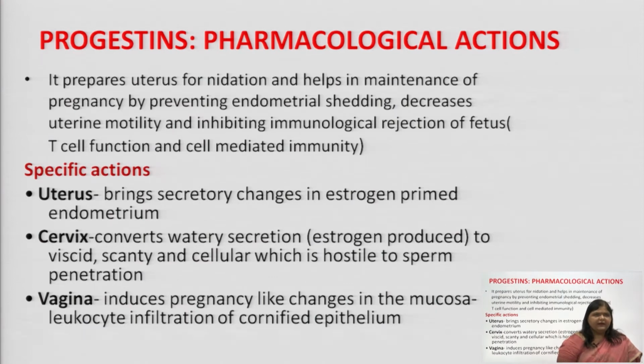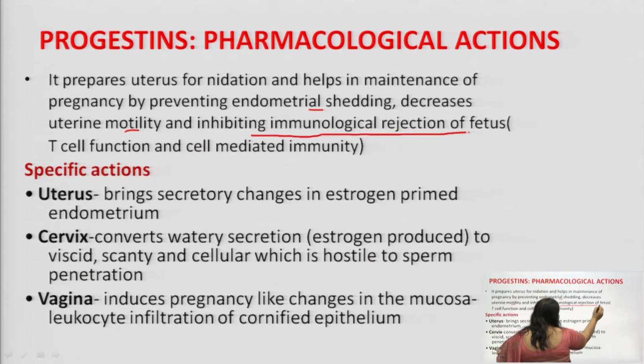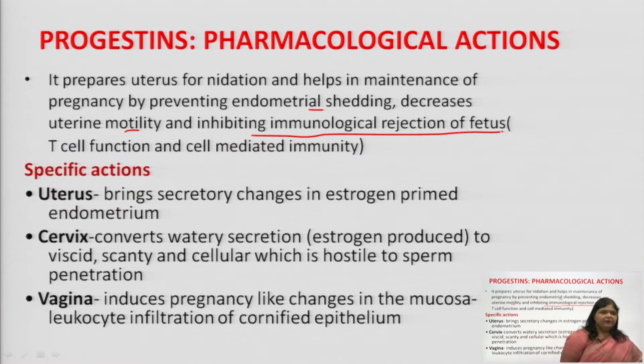How does it maintain pregnancy? It prevents endometrial shedding, it decreases uterine motility, and it also inhibits the immunological reaction of the fetus. For the body, the fetus may be an external factor, so these progestins inhibit that immunological rejection of the fetus.